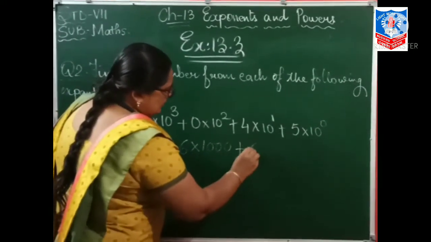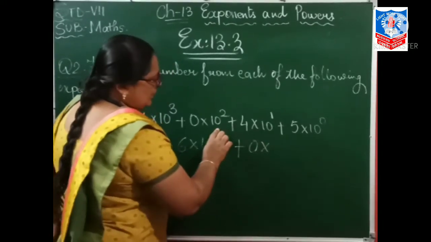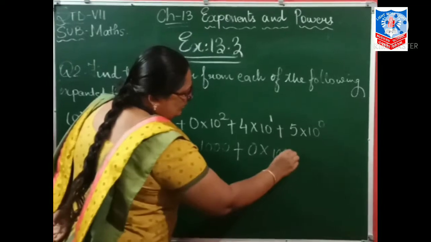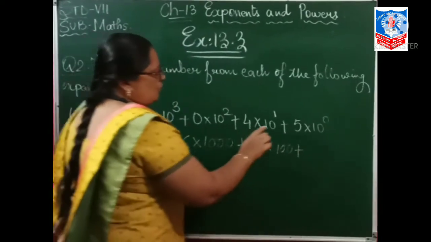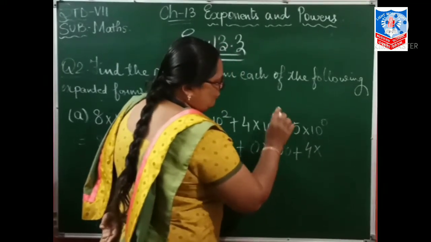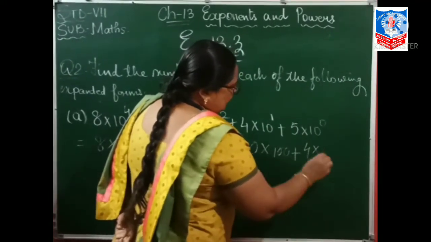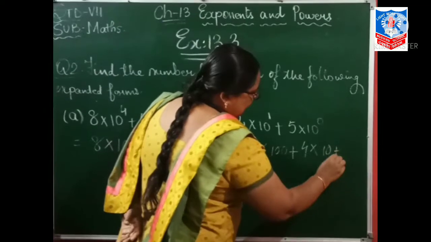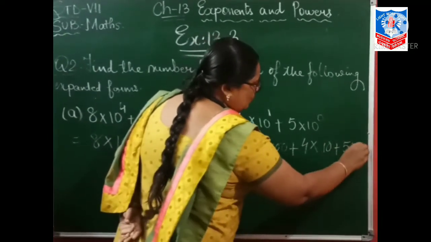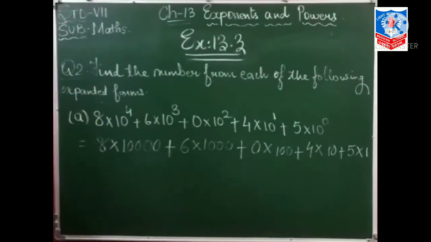Plus 0 into 10 raised to the power 2, that means 10 into 10, 100. Plus 4 into 10 raised to the power 1, 4 into 10, plus 5 into 10 raised to the power 0 means 1.